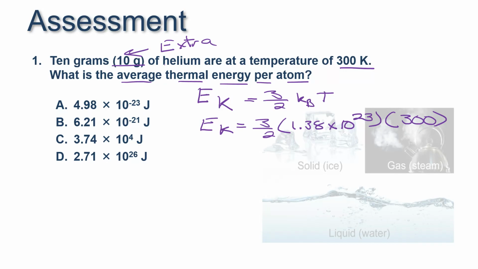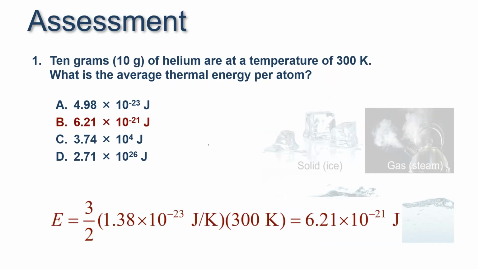It'd be 2.5, I think, times Avogadro's number or something like that. But they're not asking that. They're asking per atom, and that's what this is. So then if we plug that in, you get this 6.21 times 10 to the negative 21 joules.